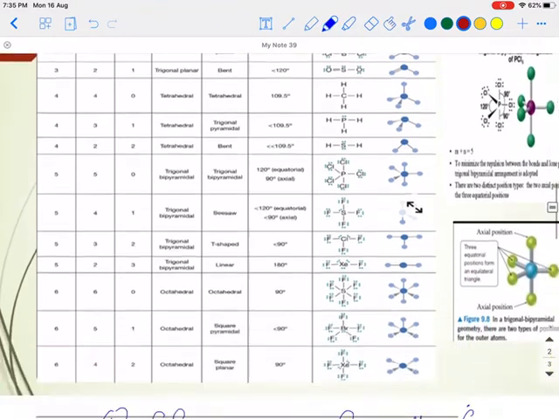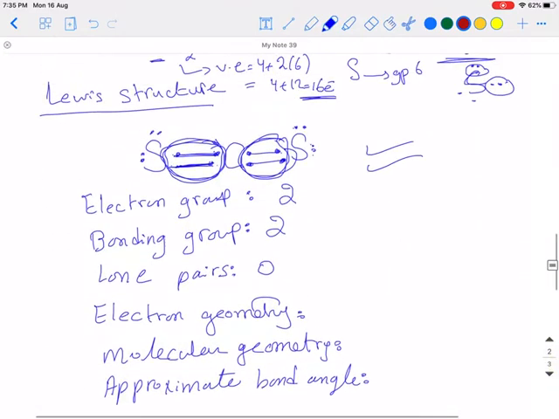Now, electron geometry: it is linear. Why linear? Because they form two electron groups or bonding groups, and according to VSEPR, the maximum distance away from each other is linear.